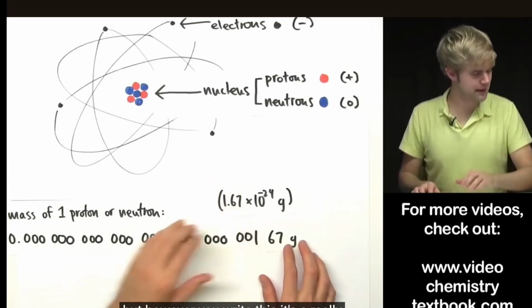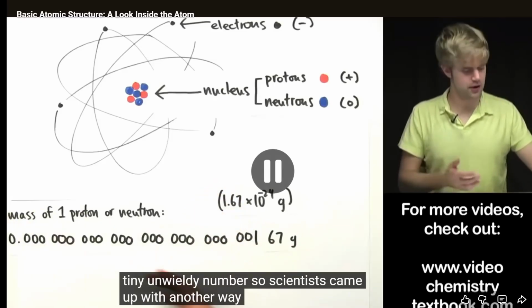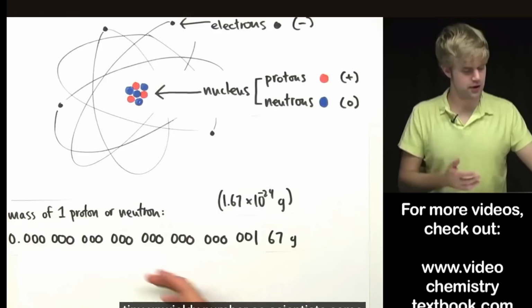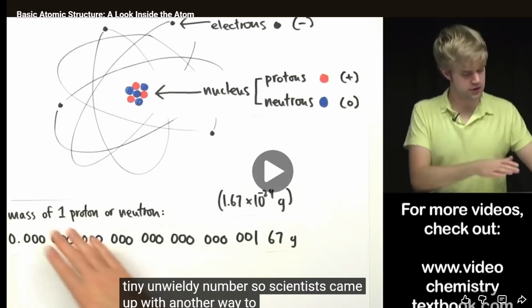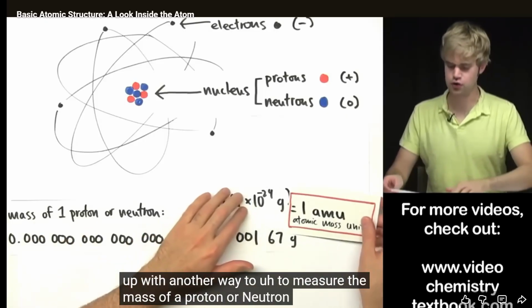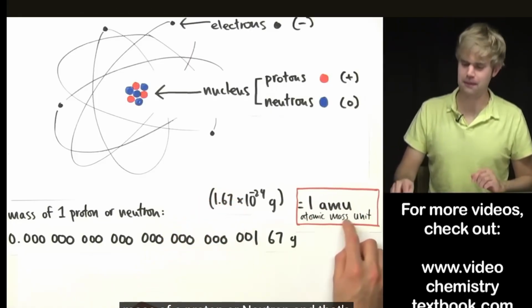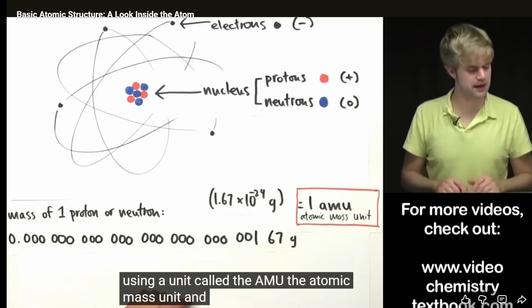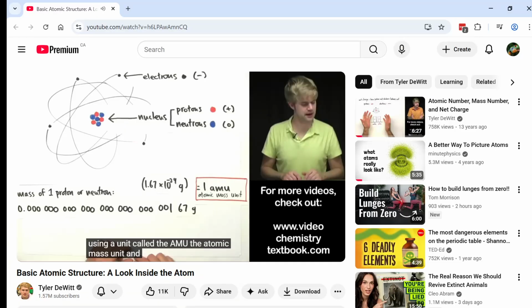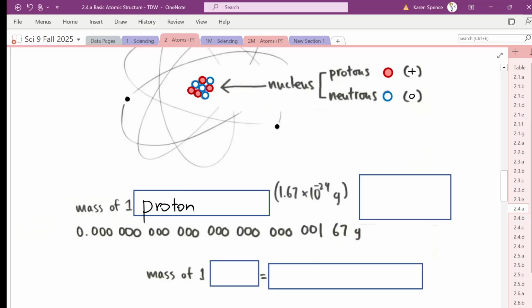So scientists came up with another way. The word unwieldy means awkward. To measure the mass of a proton or neutron, they use a unit called the AMU, the atomic mass unit. Okay, shall we fill that one in? We have 1 AMU.